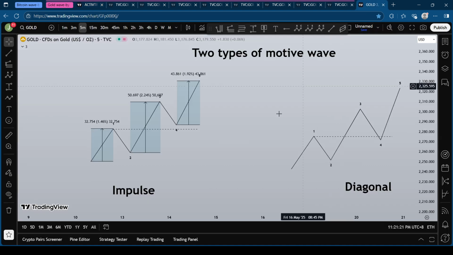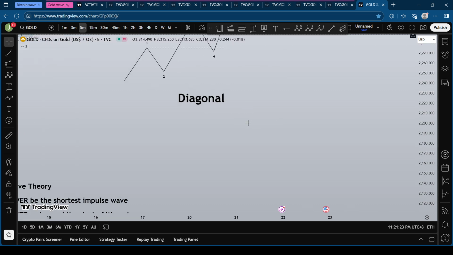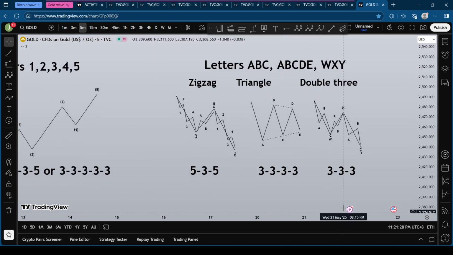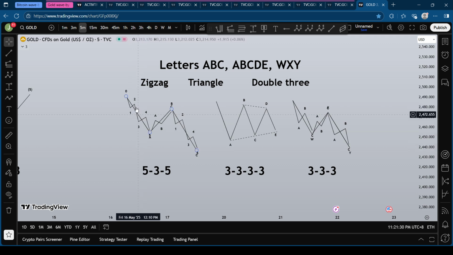If we say zigzag, the internal waves are 5-3-5, while for the double three or the WXY, it's 3-3-3 counting.